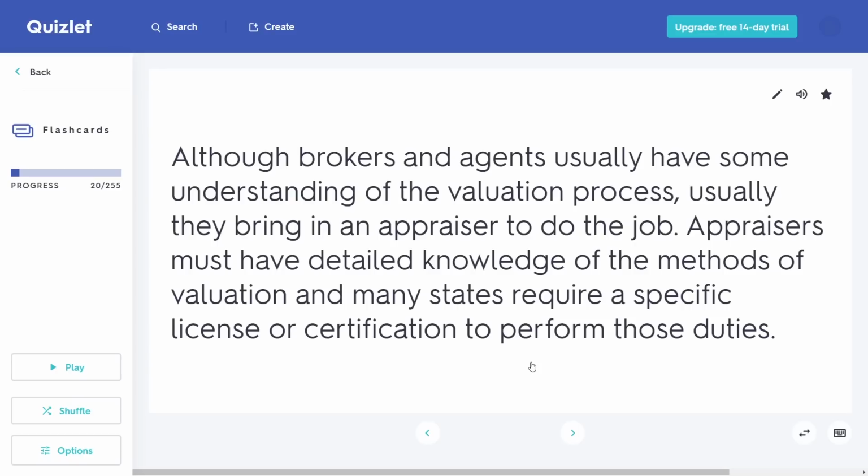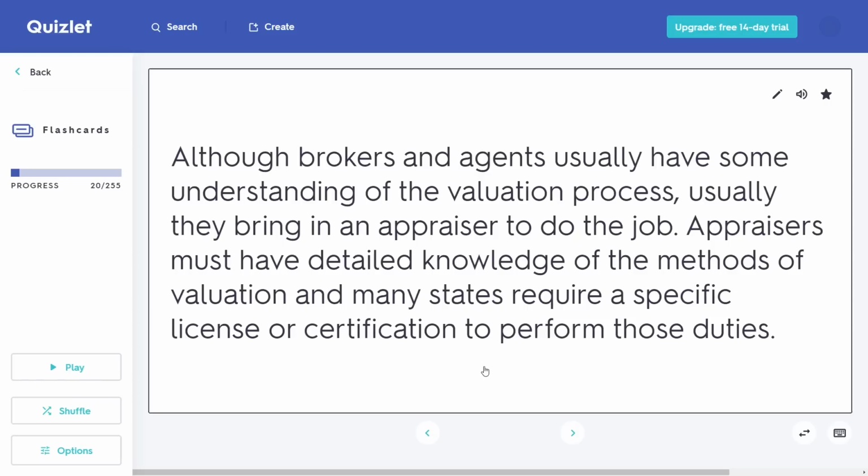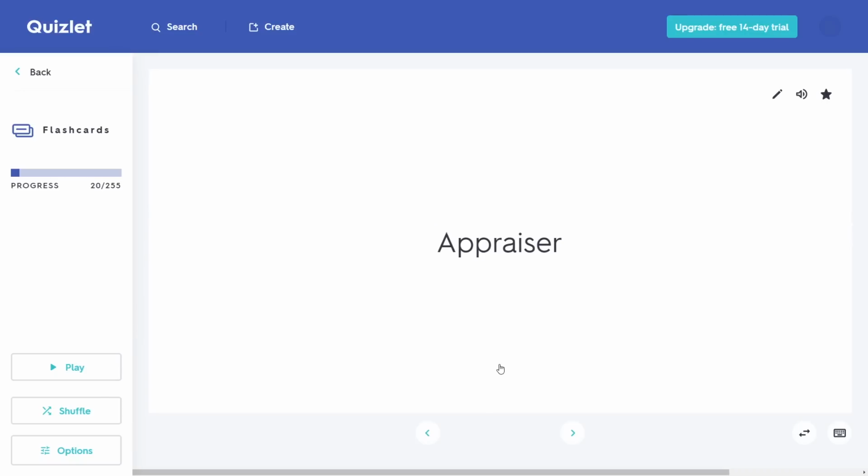However, there are some exceptions. But anyway, appraisers have to have a detailed knowledge of methods of valuation, and in many states, they require a specific license or certification to perform those duties. And of course, you guys already know what appraisal means, so I don't need to explain that. But yeah, an appraiser is just someone who appraises. So simple as that.